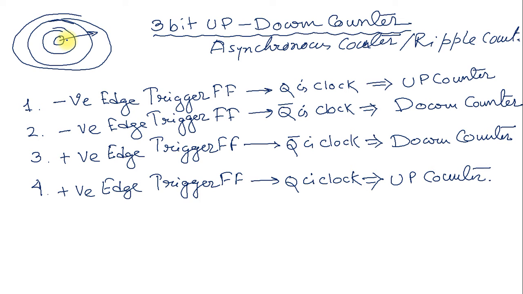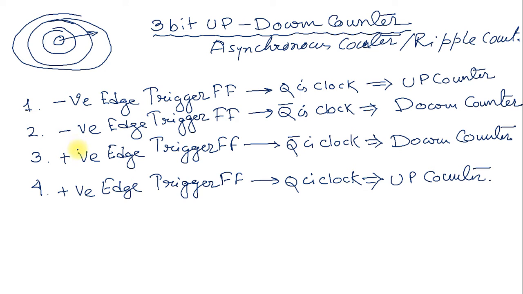In the asynchronous counter, for the up counter and down counter, I have given you 4 cases, which I also discussed in the last class. For a negative edge triggered flip-flop, if the clock is taken from Q, that creates the up counter.